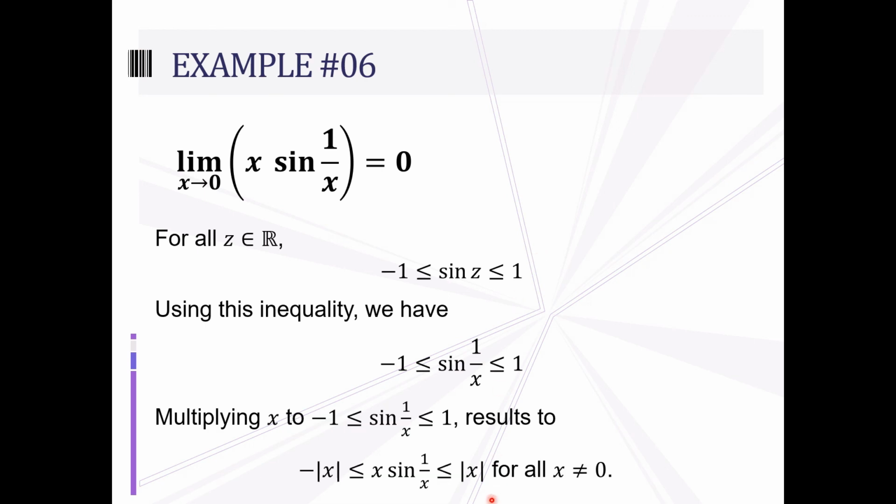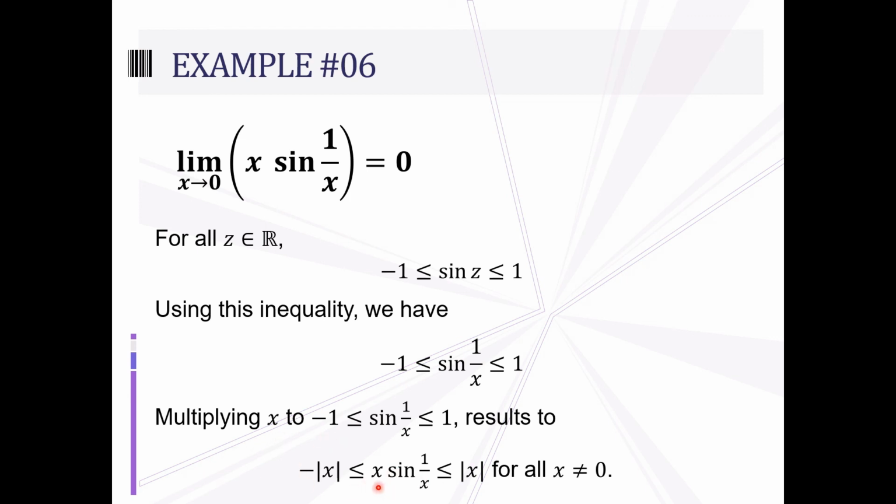And then mag-multiply ngayon tayo ng x para maging kamukha niya na ito. So we have sine of 1 over x times x is greater than or equal to negative of the absolute value of x, but less than or equal to the absolute value of x for all x not equal to 0. So observe that nagkaroon ng absolute value yung x natin. Bakit? Kasi minimake sure natin dito na magiging true yung inequality.